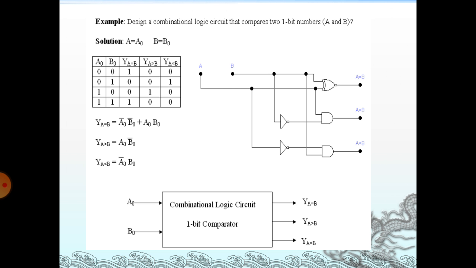According to the expression the gates will be formed, and the corresponding inputs are given to the corresponding gates. So this is the logic diagram for the comparator.